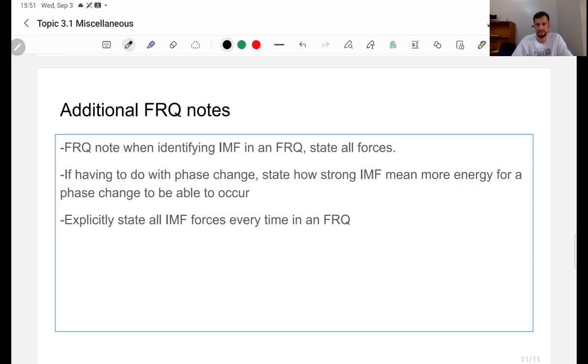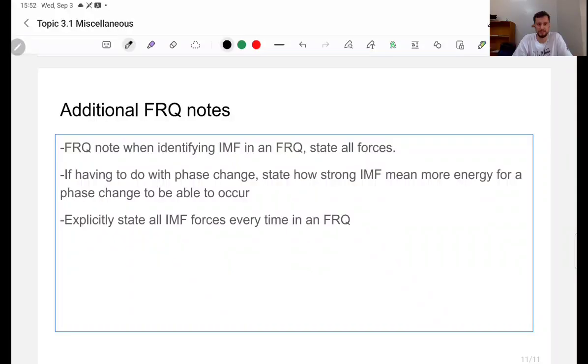Okay, so explicitly state that, right? If the molecules have a stronger attraction to each other, then it will take more energy to break that attraction and separate them going from a liquid to a gas. And therefore, it requires more energy to overcome that attraction because the attraction is stronger. And therefore, the particles have to have a greater average energy to move away from each other.